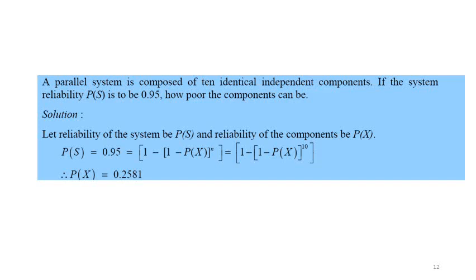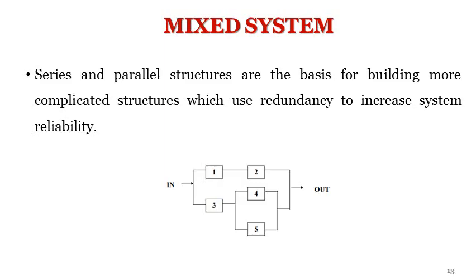So P of x will be equal to 0.2581. Hope it is clear. Very simple example. Here the system reliability and number of components are given, and we have to calculate the component reliability. So that is the parallel system.